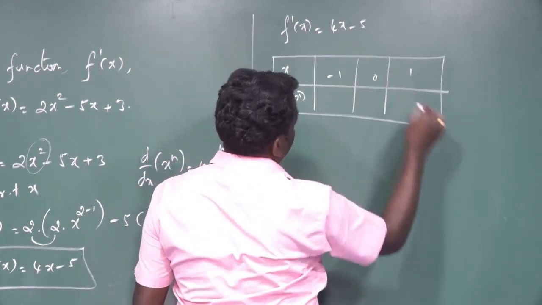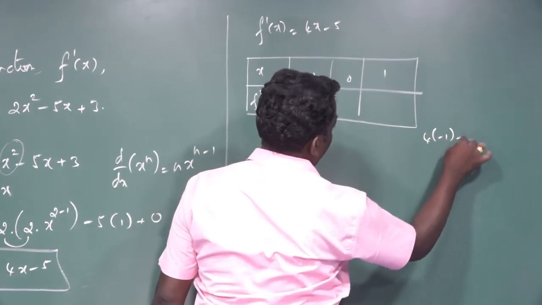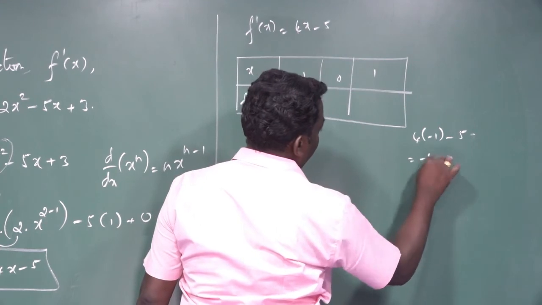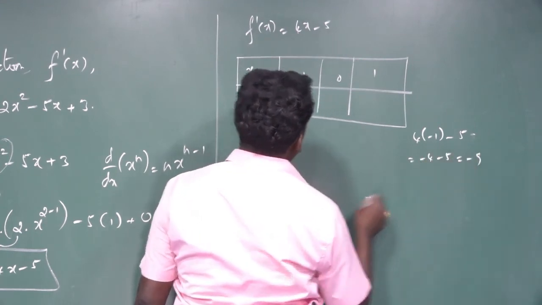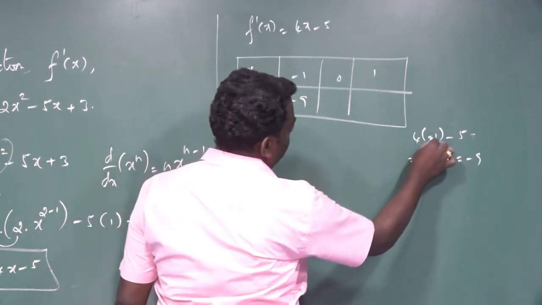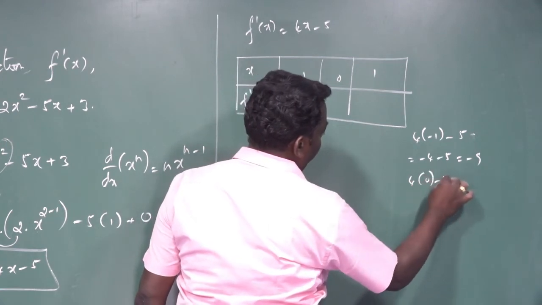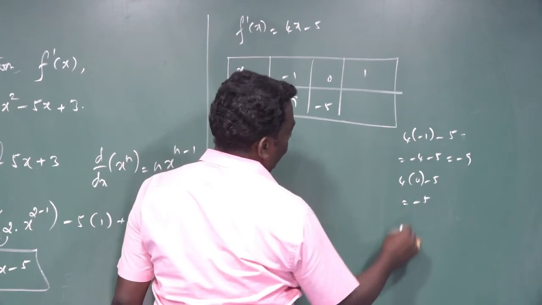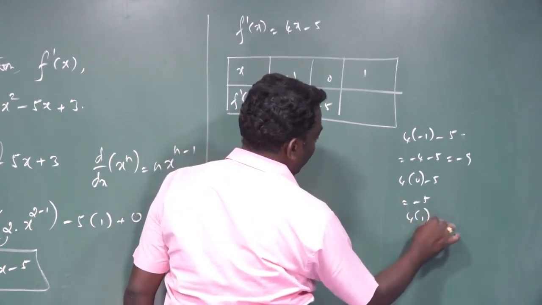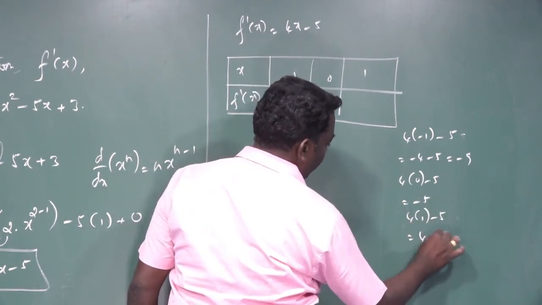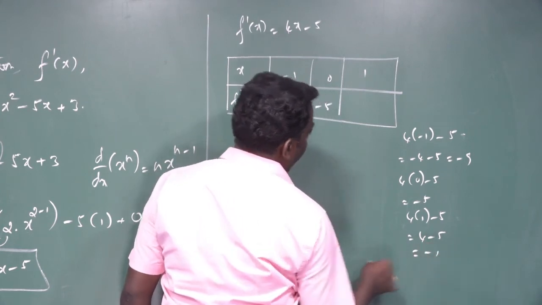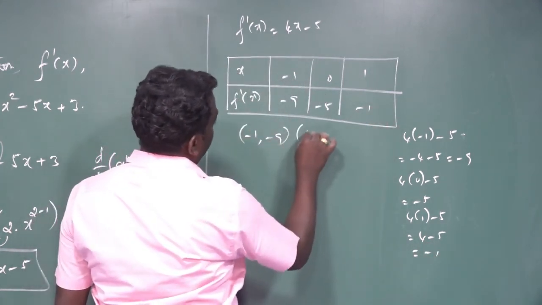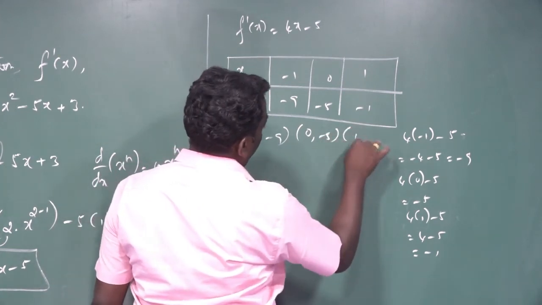Put x equal to minus 1: 4 into minus 1 minus 5 is equal to minus 4 minus 5, which is minus 9. Put x equal to 0: 4 into 0 minus 5 is minus 5. Put x equal to 1: 4 into 1 minus 5 is 4 minus 5, which is minus 1. Therefore the points are minus 1 comma minus 9, then 0 comma minus 5, then 1 comma minus 1.